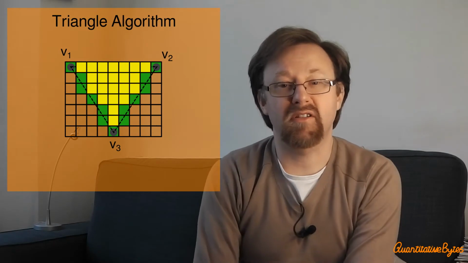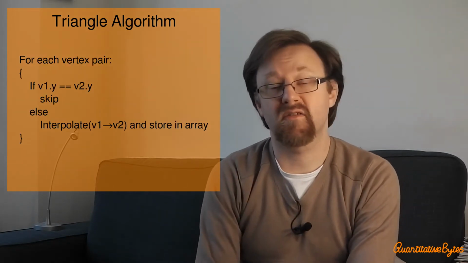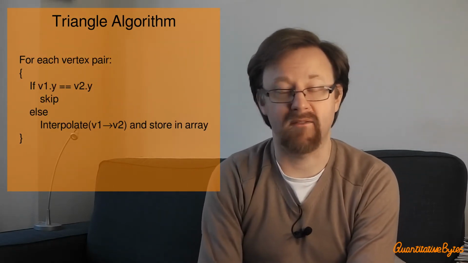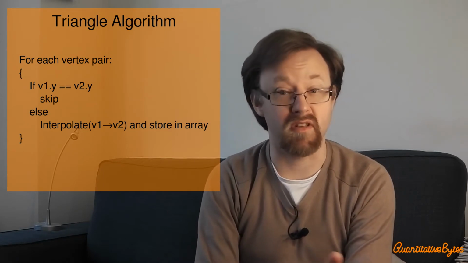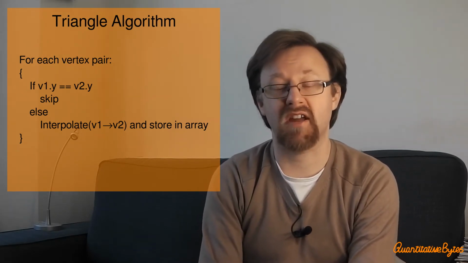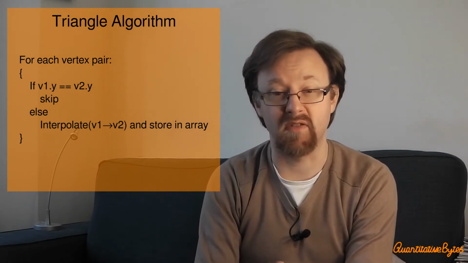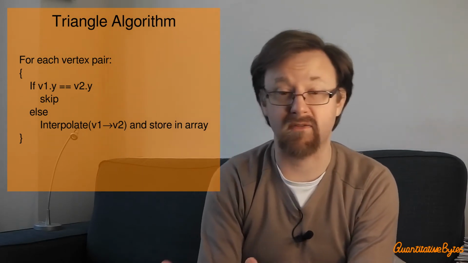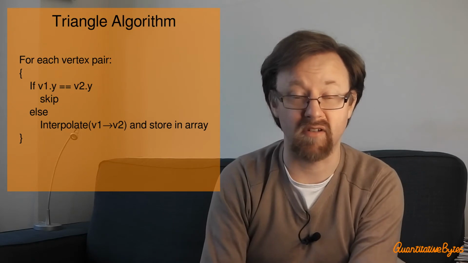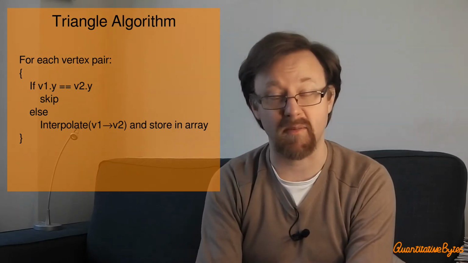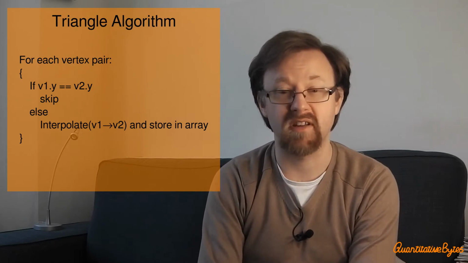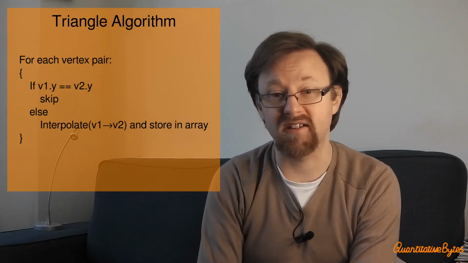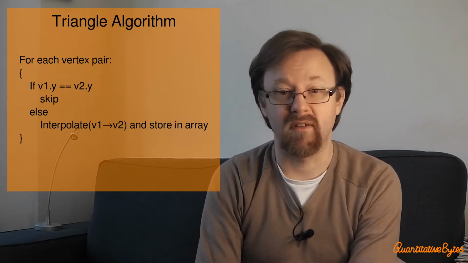So we end up with an algorithm that looks something like this. What we do is, for every pair of vertices, so v1 and v2, or v2 and v3, or v3 and v1, we first check whether the y-coordinates of those vertices are the same. If they are, then we know the line is horizontal and we don't do anything, we just skip it. If the y-coordinates of the two vertices, however, are different, then we need to interpolate between those two vertices.